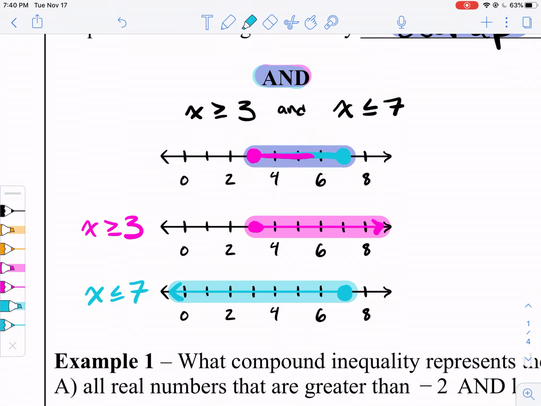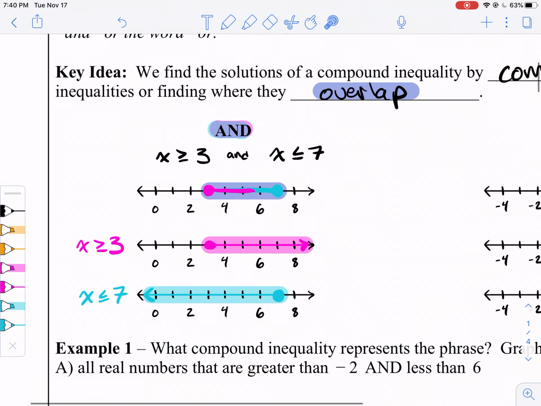This is where they are both true at the same time. These are the numbers that are greater than or equal to 3, and less than or equal to 7. So when you see "and," think overlap. We'll just make this purple. Okay, so "and" is all about overlap.